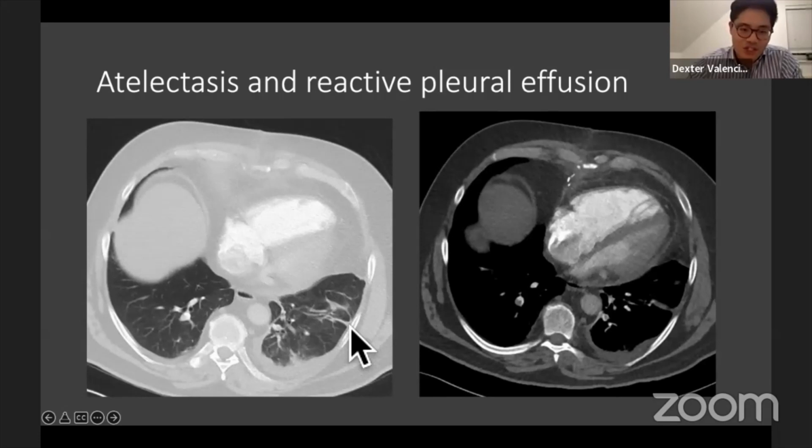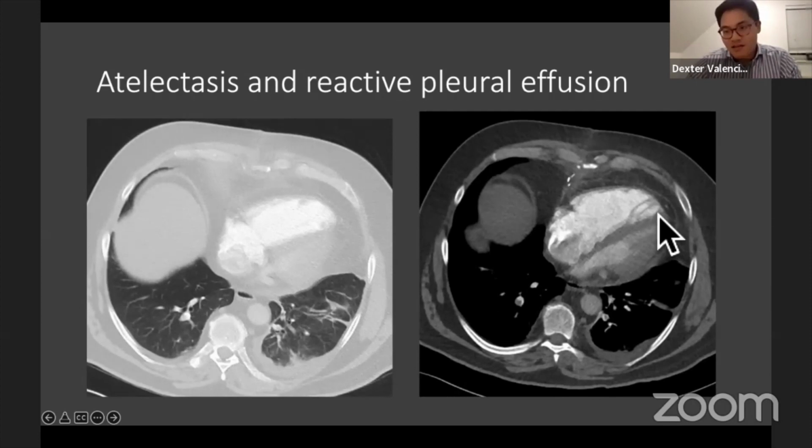And what that shows up as are these sort of lines or linear opacities. And this is typical for what we call atelectasis. I see this in most of the CT scans, so it's quite a common finding. But if you imagine a patient has a lot of pain with the PE, they might not be taking a lot of deep breaths. So that stops air from getting to these areas. So that's just a bit of atelectasis in some PEs with a small effusion as well.